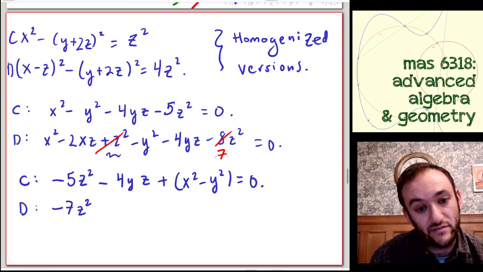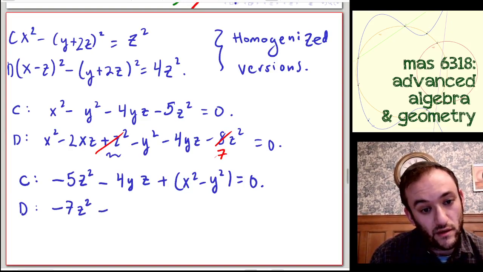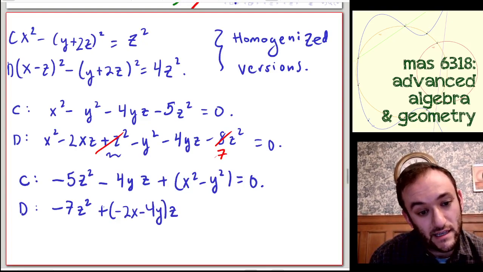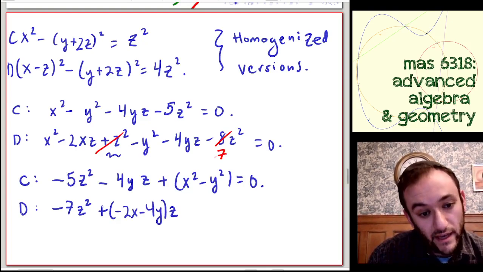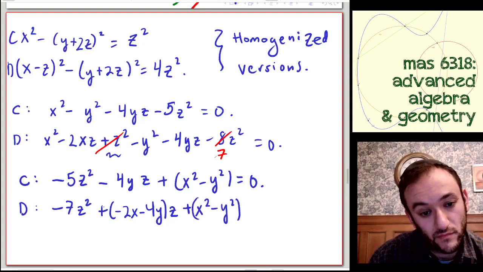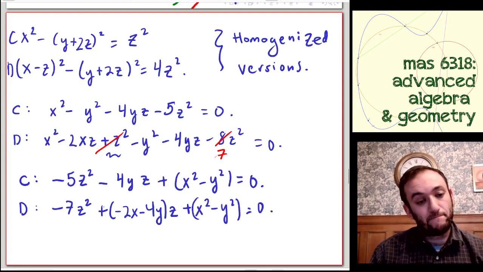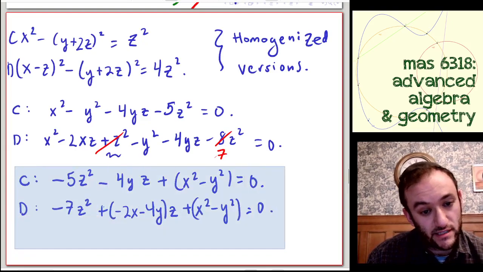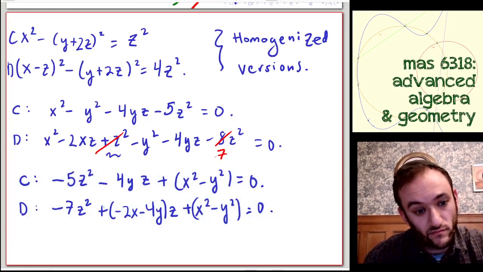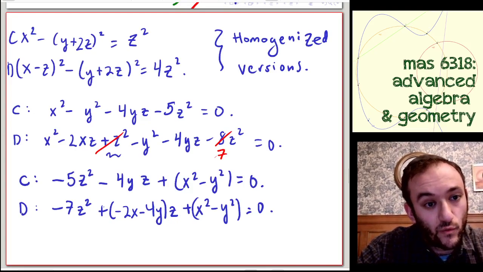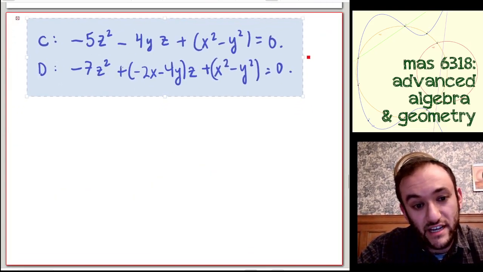So we have minus 7z squared. Okay, and then we get minus 2x minus 4y, and let's just group them. We'll call this plus (minus 2x minus 4y) z. And finally, x squared minus y squared. Okay? So taking these two equations, we can use the intersection multiplicity approach.